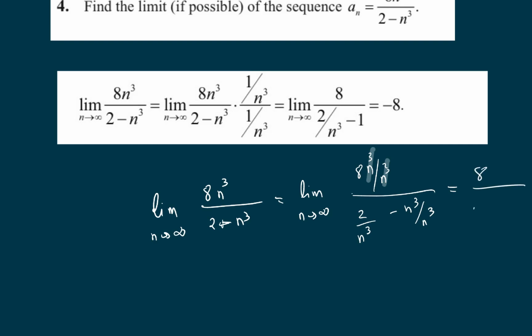The denominator: 2 divided by n cubed, when n goes to infinity, will tend to 0, and this will tend to minus 1, so the limit will tend to minus 8. Let's go to the next problem.